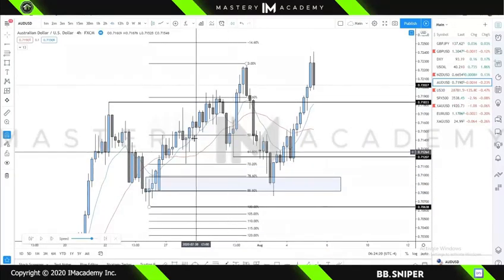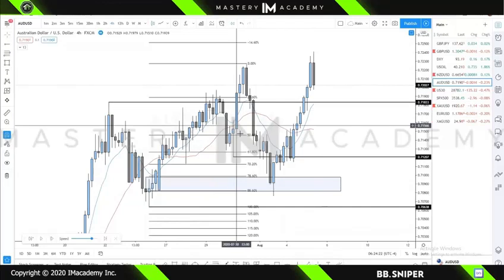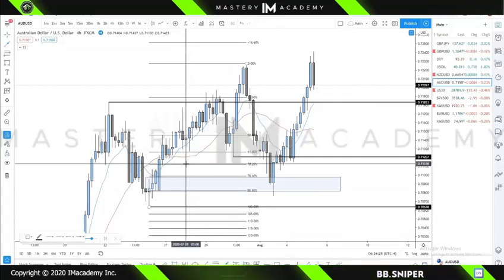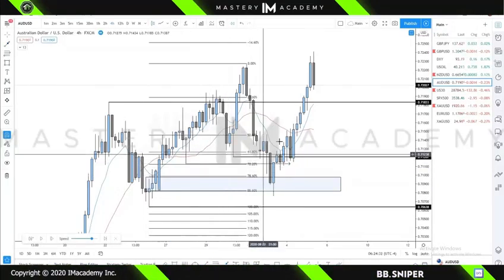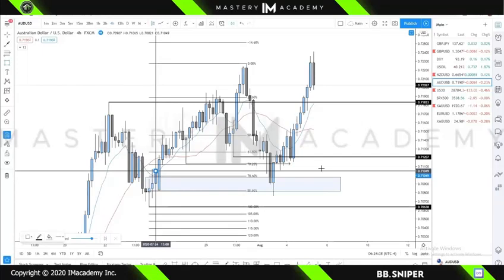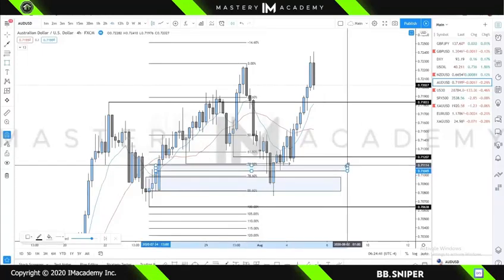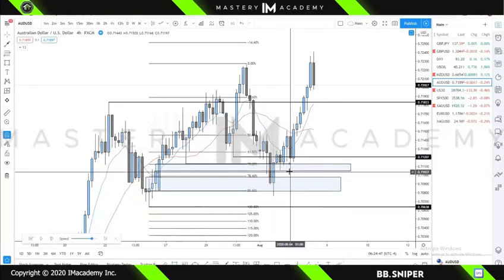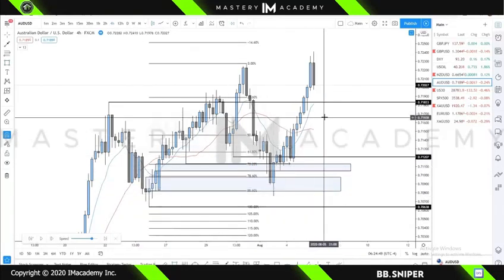Okay. After it sought internal liquidity, in the form of this low, which again is a lower time frame higher low inside of a range, and in the form of this imbalance, after it sought enough internal liquidity, now it's time to capture external liquidity.